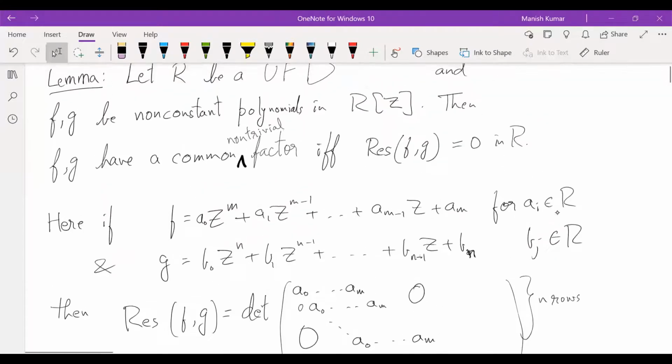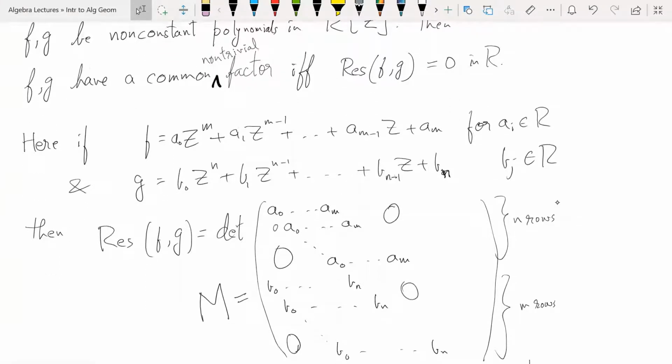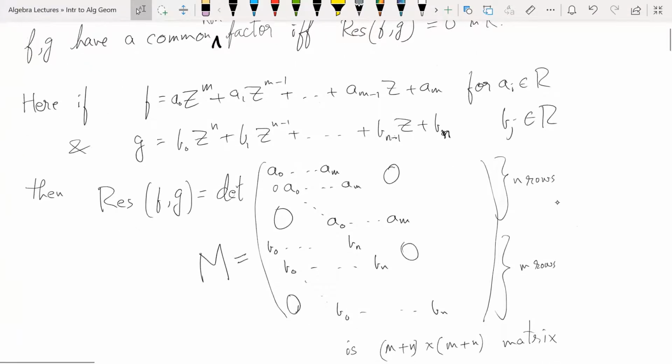Okay. So yeah. So the lemma is: let R be a UFD and f and g be non-constant polynomials in R[z]. Then f and g have a common non-trivial factor if and only if the resultant of f, g is 0 in R. So here if f is of degree m and g is of degree n, then with these coefficients, the resultant of f, g you can write via this (m+n) cross (m+n) matrix like this.